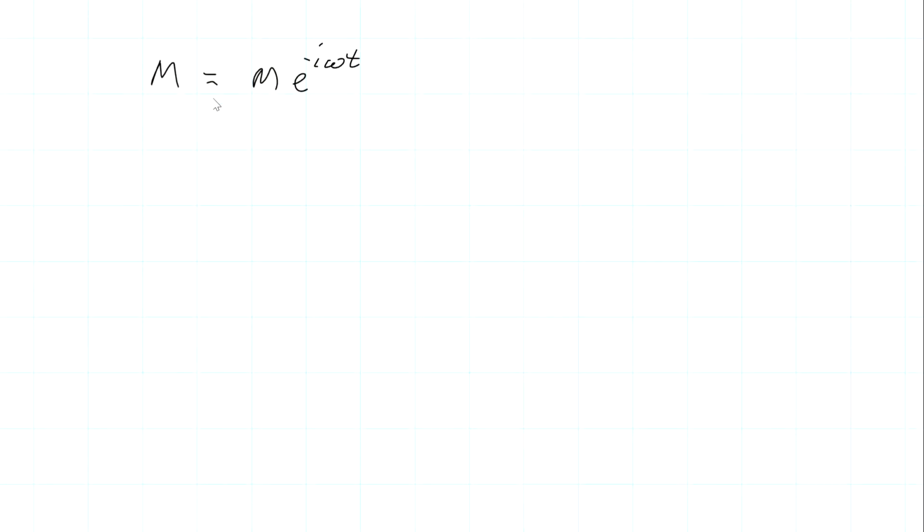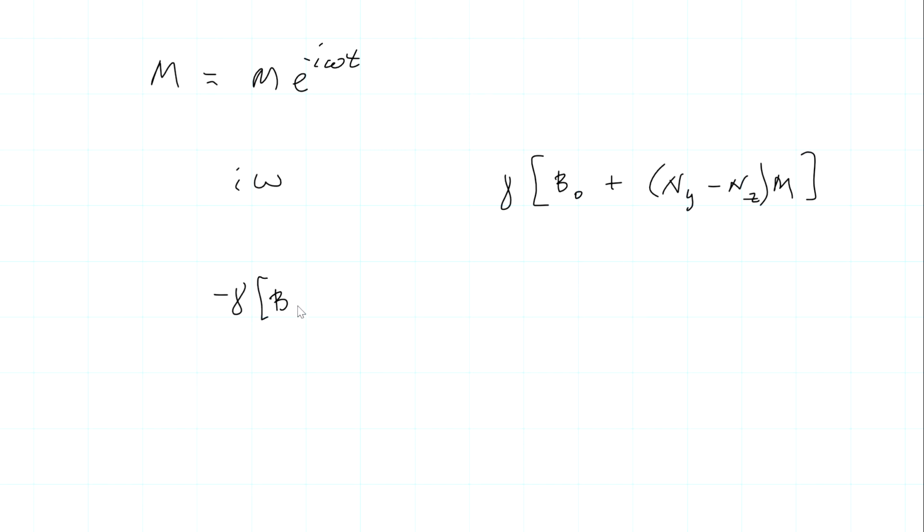If you write it in the matrix form, to solve it, we'll get the determinant: i omega, gamma B naught plus Ny minus Nz M. Now there will be minus, B naught plus Nx minus Nz M, plus i omega, and a whole plus.